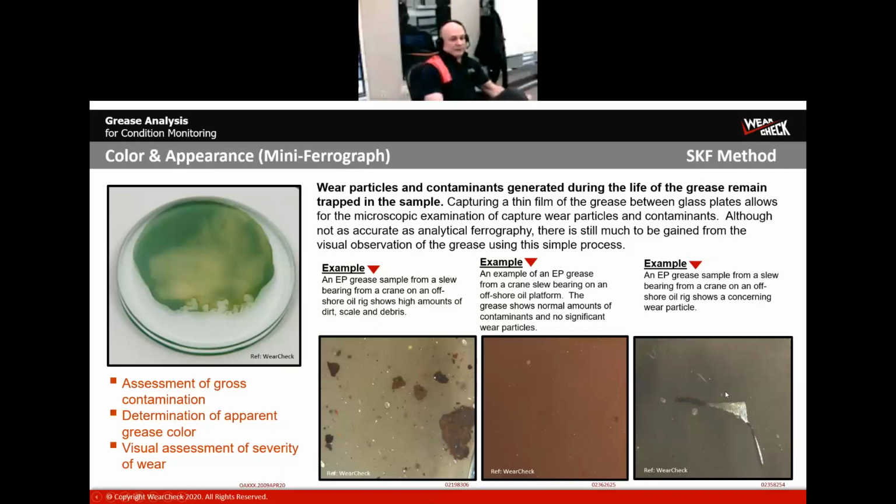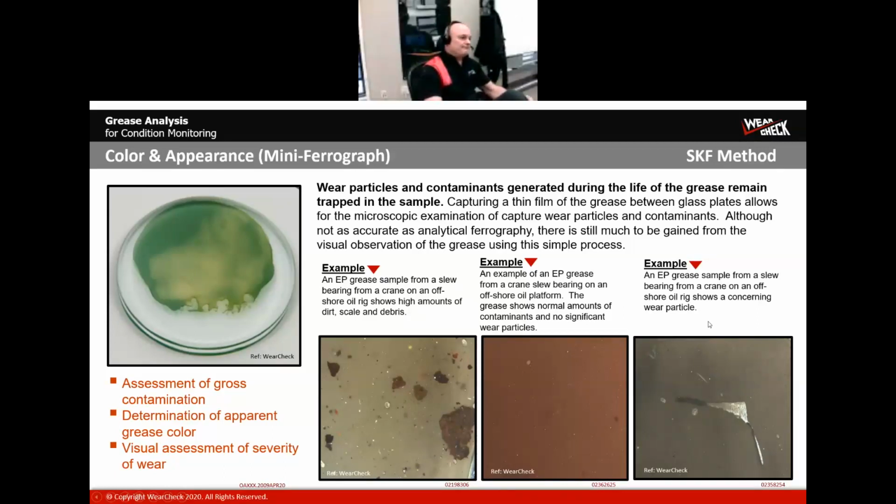And then the sample on the far right, we can see a very significant wear particle. At the scale we're looking at, that particle is humongous. And not only that, it's also extremely angular and quite thick. So this is an indication of a very critical wear process going on in that bearing.